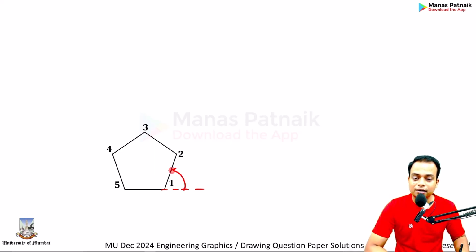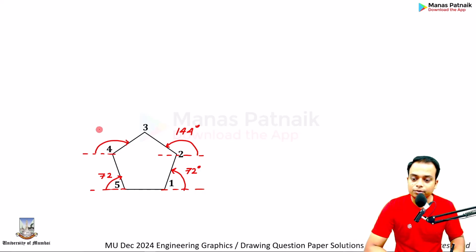This exterior angle is 72, and this angle is double of 72, so 144. Similarly here, this angle is again 72, and this angle will be double of 72, 144. Finally these two lines are going to intersect somewhere here, and that is going to give you point 3.